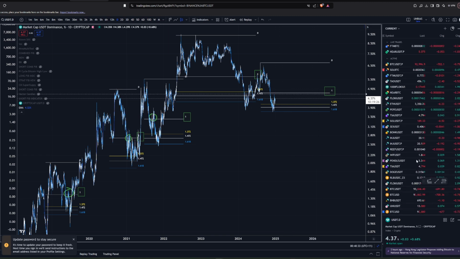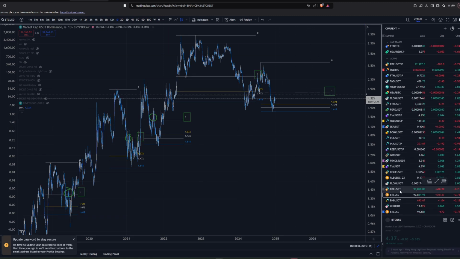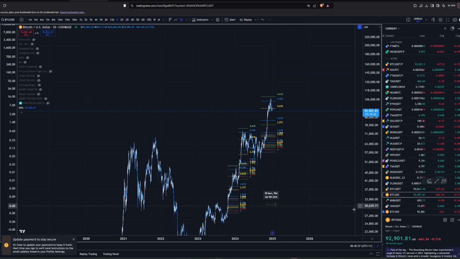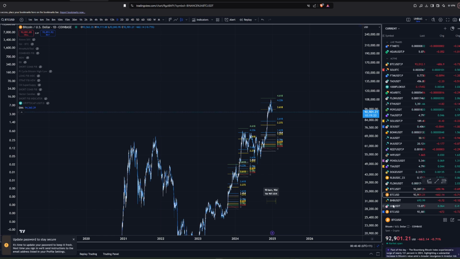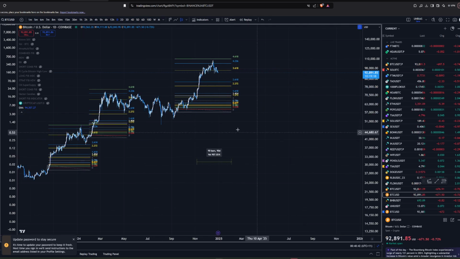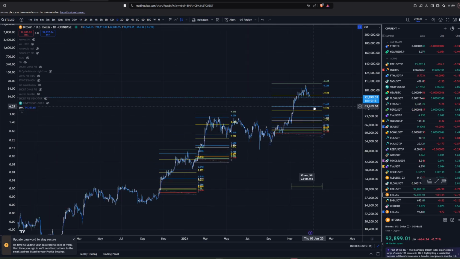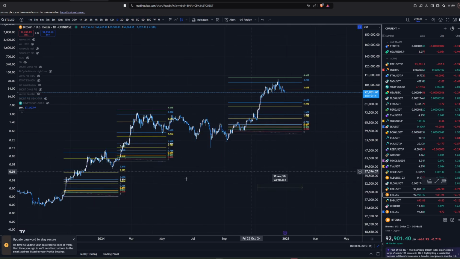Right, now let's go to where we're looking for this downside to end up, right? As mentioned in prior videos, each one of these corrections to my measure go to the 4236 region to 4618, and that's exactly what's occurred in this move here.